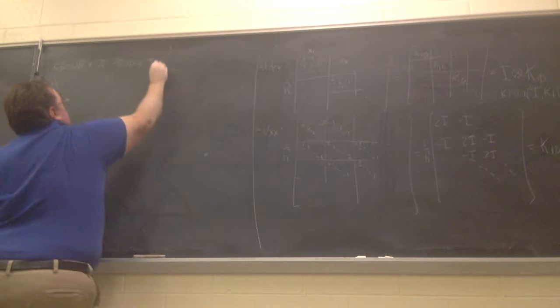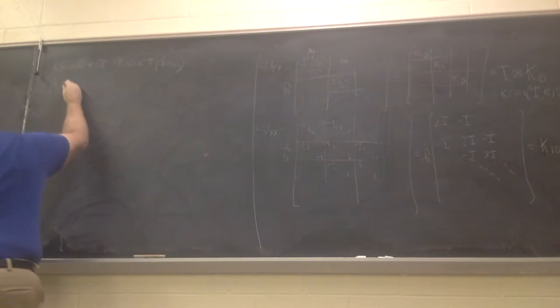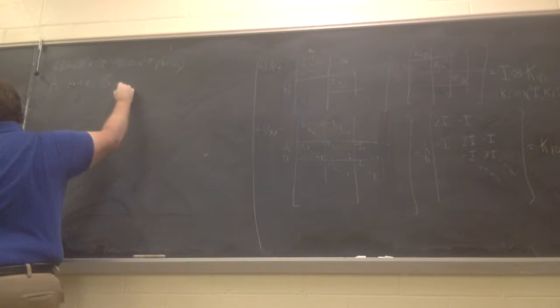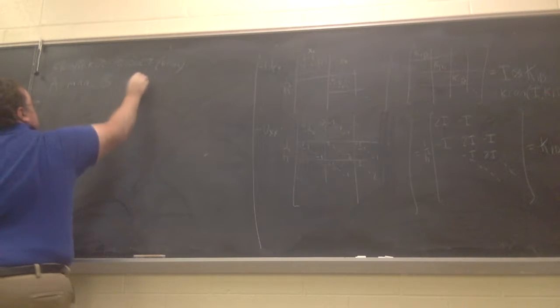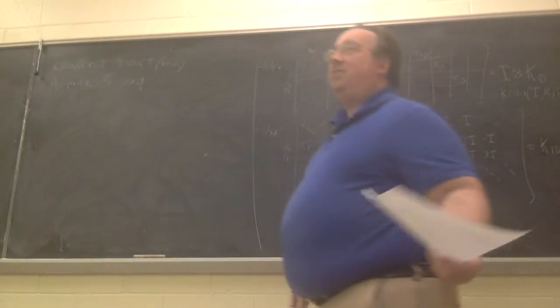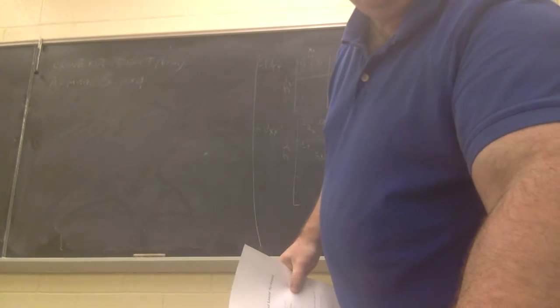That's MATLAB's kron. Okay. So you assume that A is m by n, and B is p by q. Okay, so there's no compatibility required of sizes, unlike regular matrix multiplication.